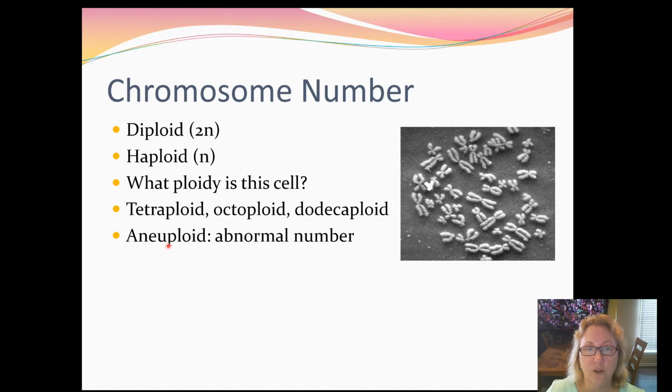So aneuploid means not good. It's a not good number of chromosomes for that particular species. And when we get to genetics, we will talk about some human genetic disorders that are aneuploidies.